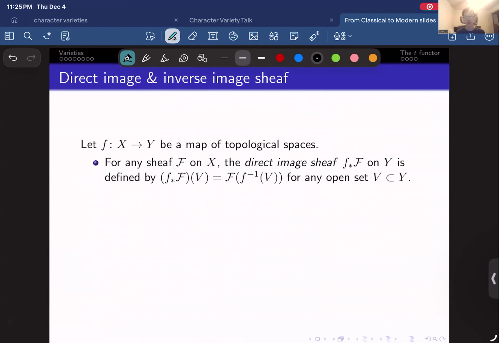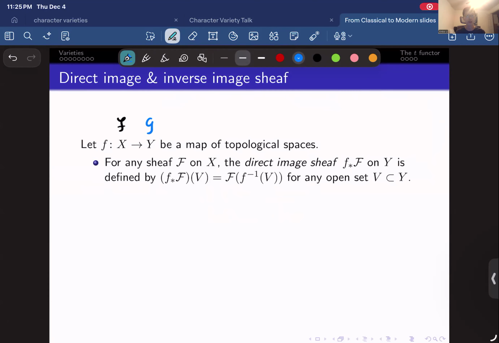And there's a natural question that arises, and it's a very important concept actually. Suppose I have a continuous map of topological spaces, X and Y, and I have a sheaf over here, let's denote it F, and I want to get a reasonable sheaf over here that has reasonable information that uses F basically.